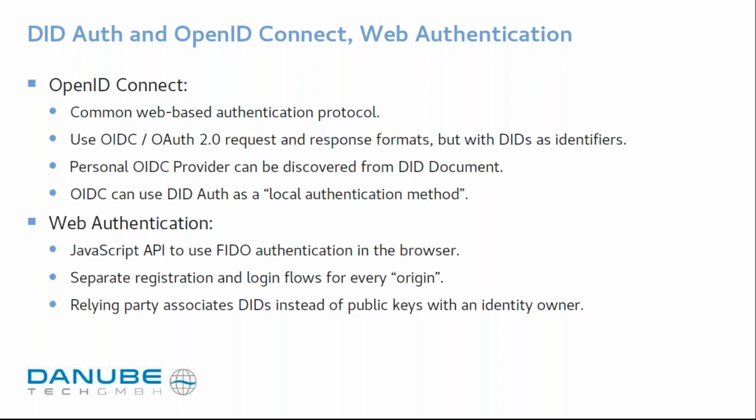That's the main idea of DID Auth: you're not relying on an external identity provider, but you could run your own OpenID Connect service that acts on behalf of the identity owner, which could be discoverable from the DID document. Then a relying party could initiate a standard OpenID Connect flow to authenticate a DID, to authenticate a self-sovereign identifier.